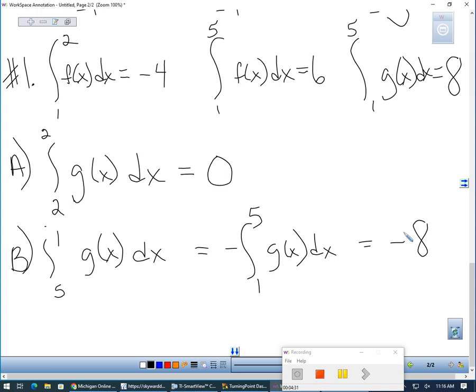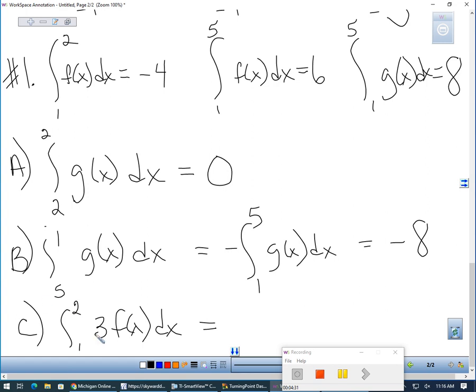All right. C. I'll do one more together. For C, I go from 1 to 2 of 3 f of x dx. So if I have a 3 inside the integral, the bounds are still okay, right?